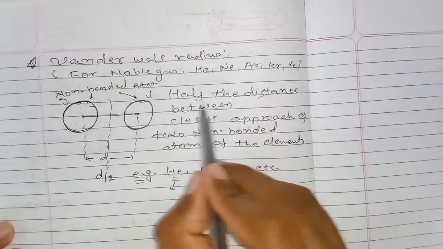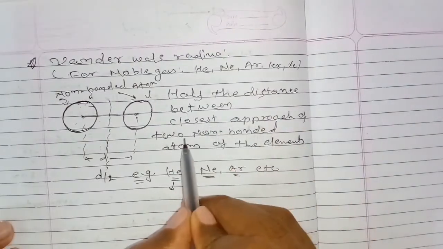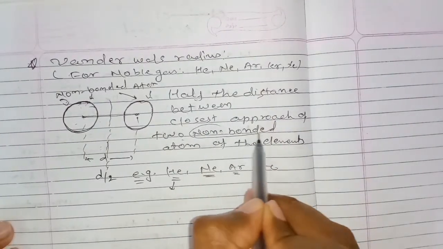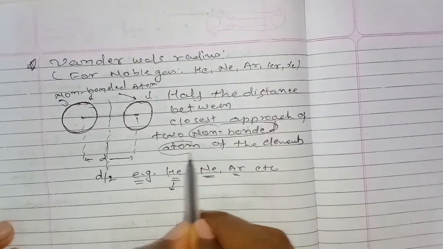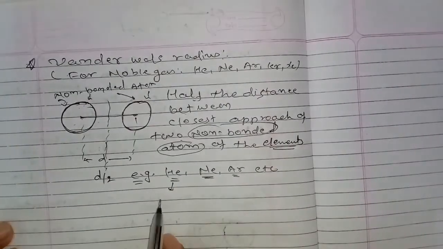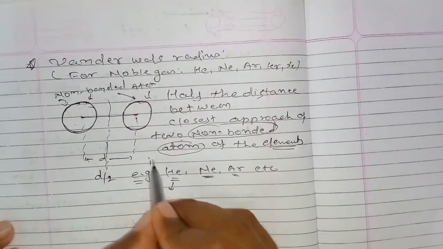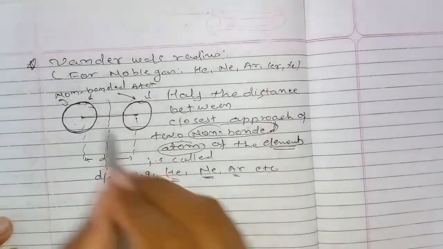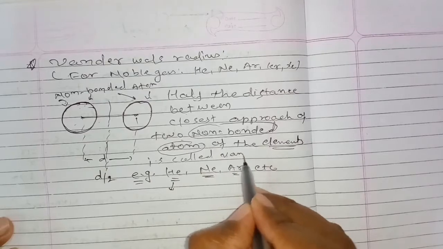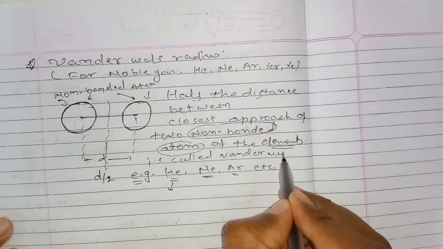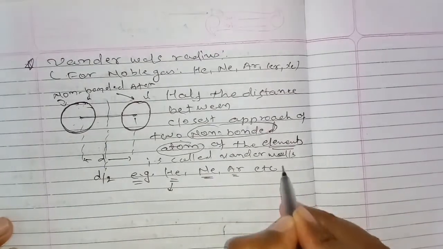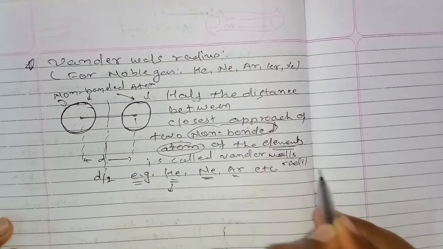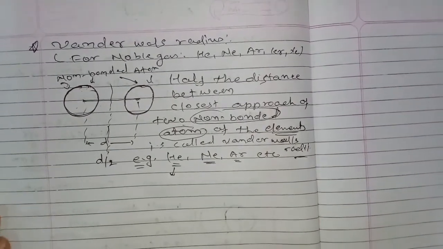So half the distance between the closest approach of two non-bonded atoms of the element is called the van der Waals radius.